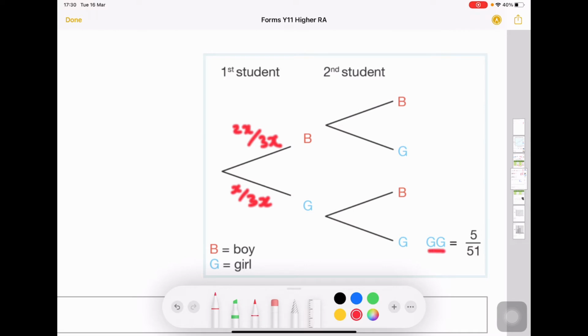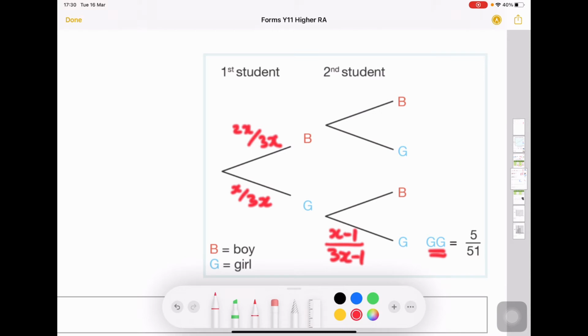We're just focused on selecting 2 girls. So if you select 1 girl already, remember you have to take away 1 from the numerator and take away 1 from the denominator. So x take away 1 over 3x take away 1.